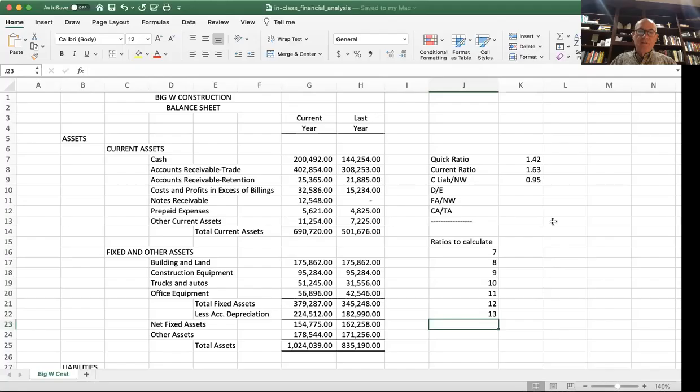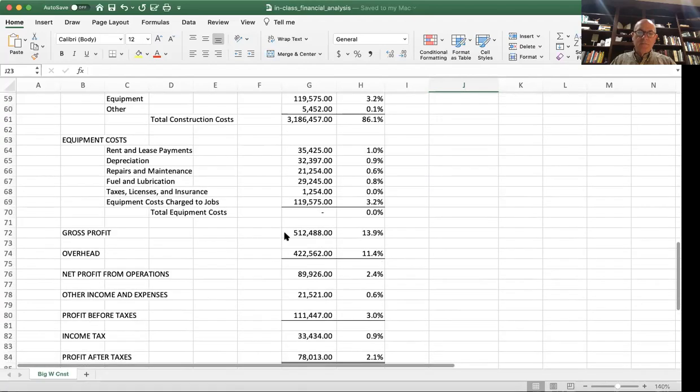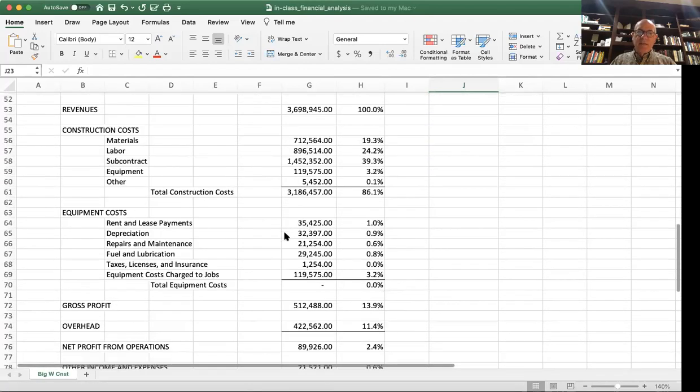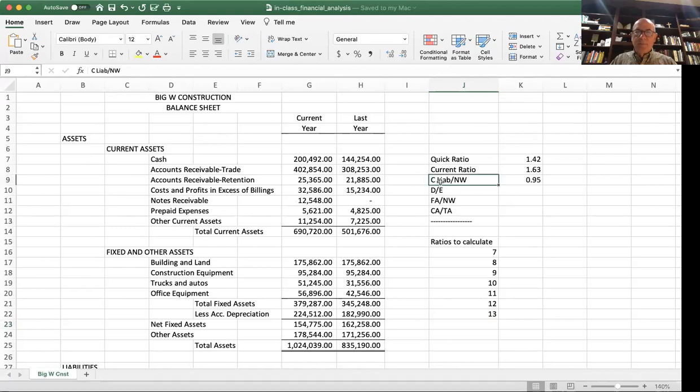So I'm using the in-class spreadsheet, and you'll see it here. This is a replication of the Big W financial stuff, and these are the ratios that we have already calculated, to the best of my memory. I should have gone back and looked at the videos.